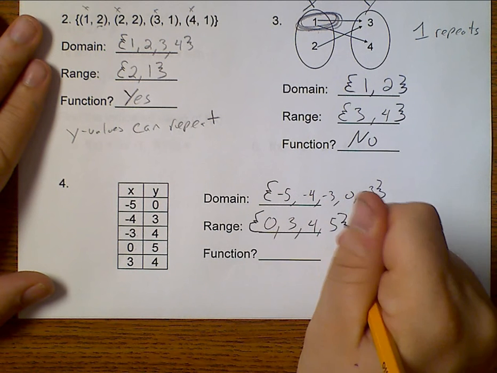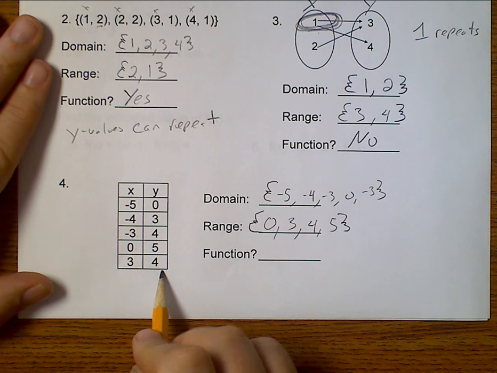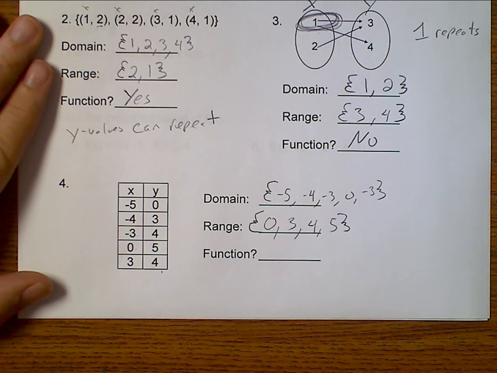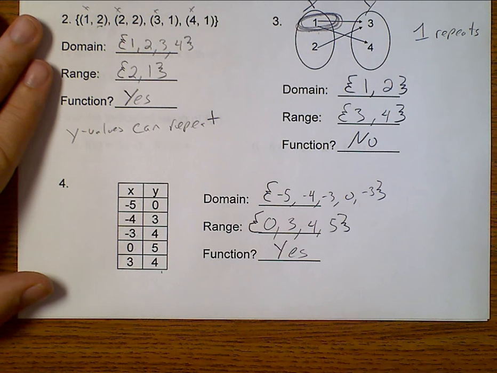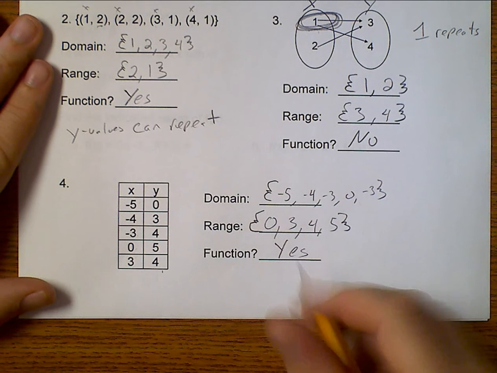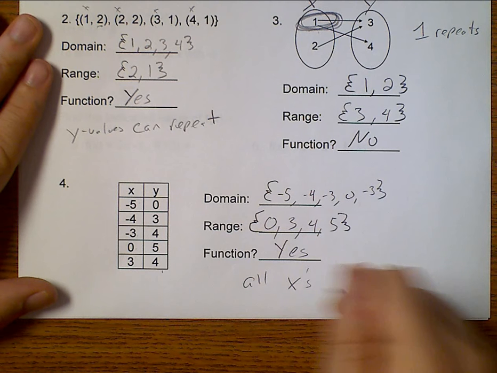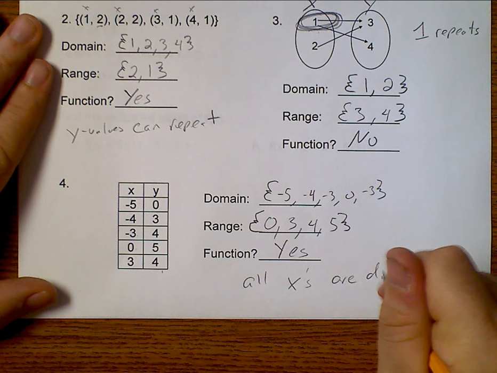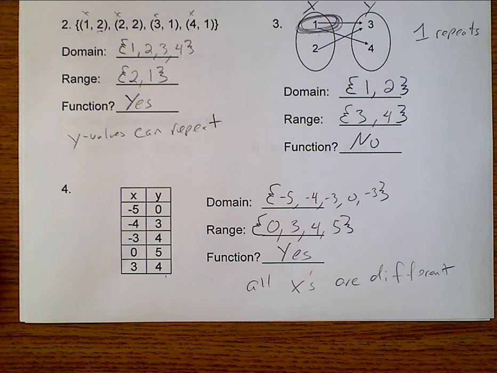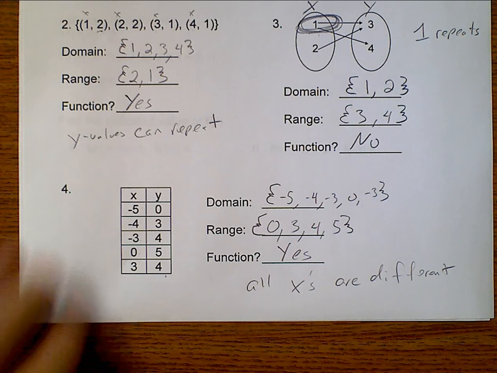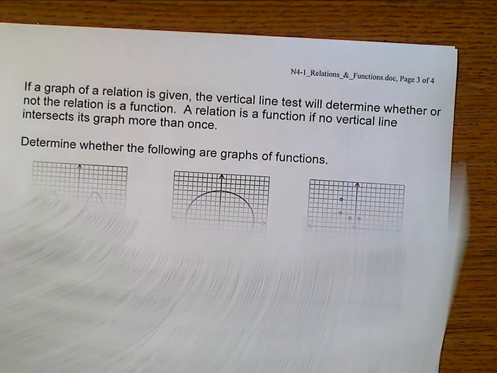And again, we don't need to write that one down again because we've already got it once. And the question is, is this a function? Yes. All my x's are different. So that's domain, range, and functions. Let's go ahead and move on.